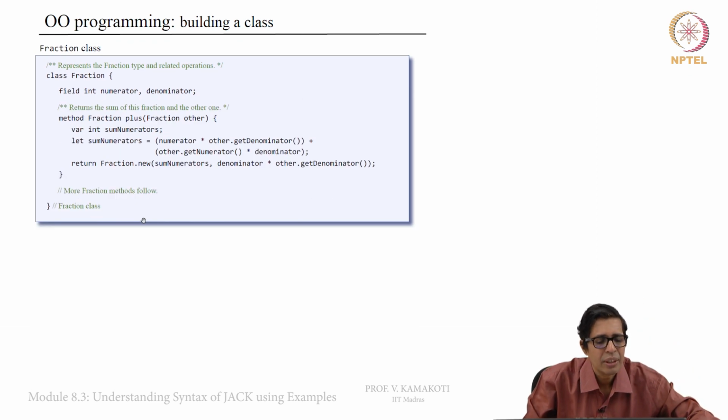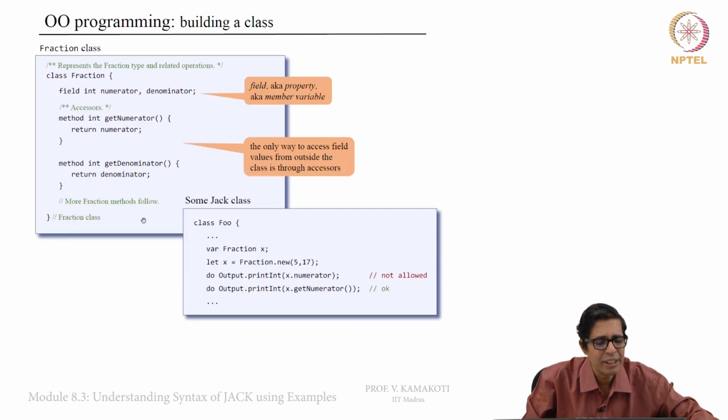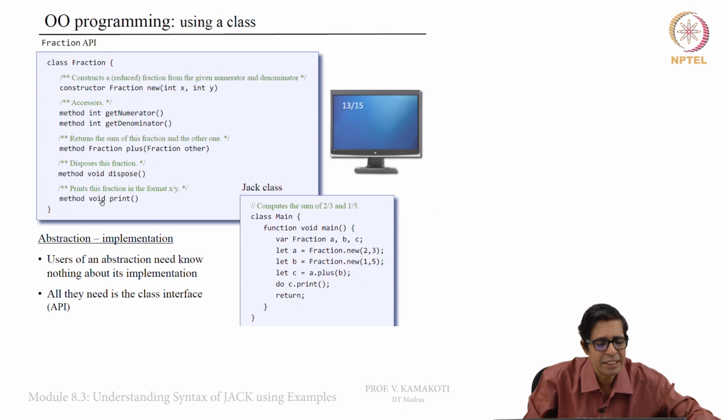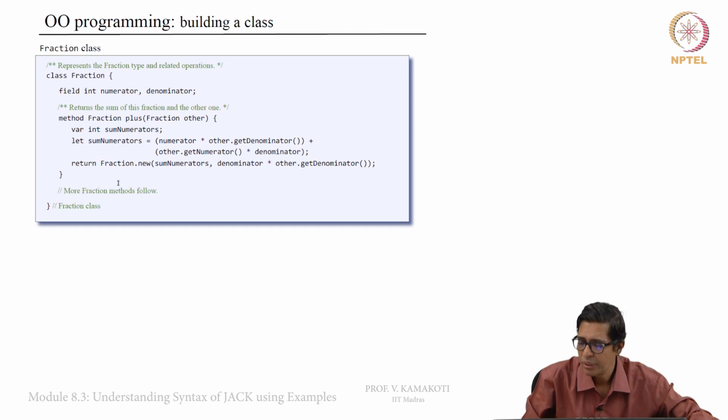So, the last thing that we need to see in the fraction is plus. This we have seen a plus here. Basically in the class fraction we have put all the other things here. So, method fraction plus fraction other, some other fraction is input here and we have to sum it up.